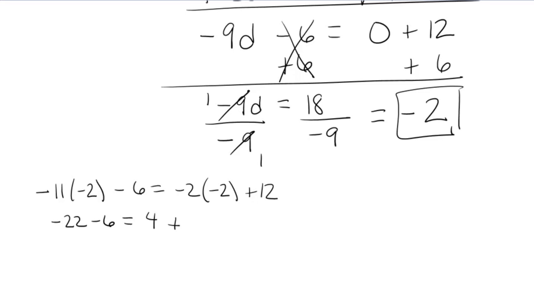So negative 11 times negative 2 is 22 minus 6. Now negative 2 times negative 2 is positive 4 plus 12. So we're left with 22 minus 6, which is 16, and 4 plus 12 is 16. So we know we got the final answer correct, as d is equal to negative 2.